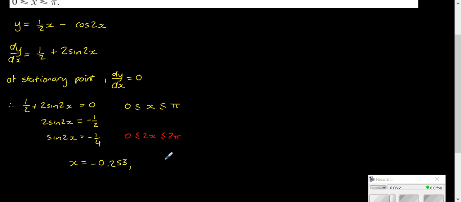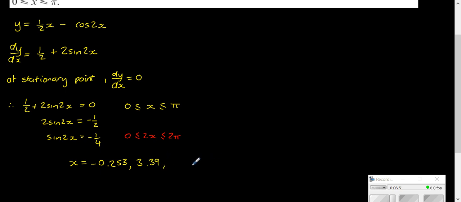And then we find our other values. Okay, so we'll do pi minus this. Sorry, the calculator's been a bit slow to wake up, so we'll have sine minus a quarter to get the principal value. And then pi minus our answer gives us 3.39 radians.